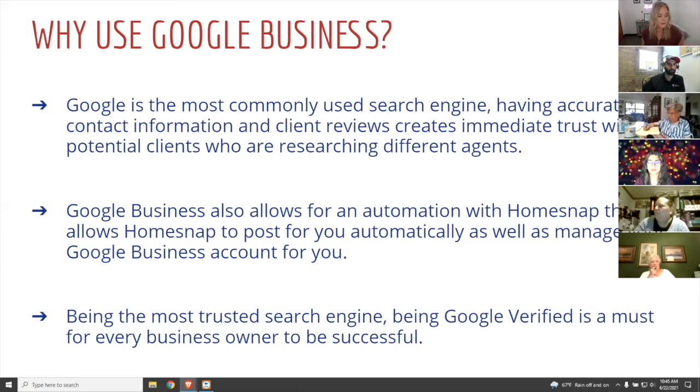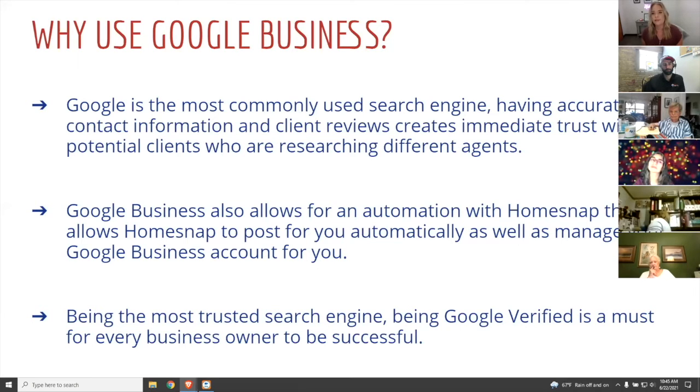So moving forward for Google Business, it also allows for automation with HomeSnap. That has become a very popular app with agents. It allows HomeSnap to automatically post content for you, which ultimately is increasing your exposure and also giving you relevant content.